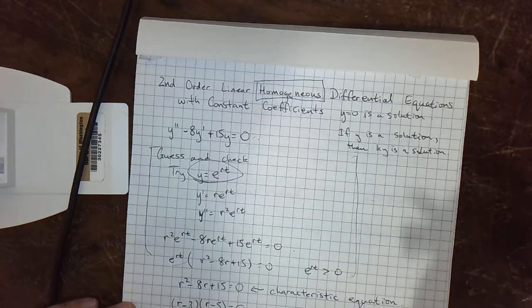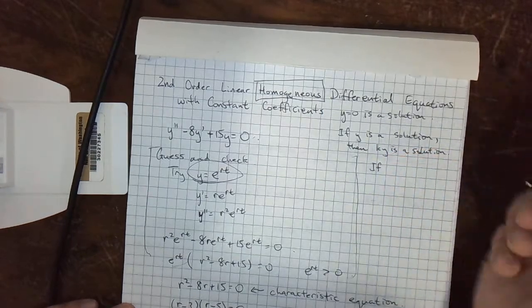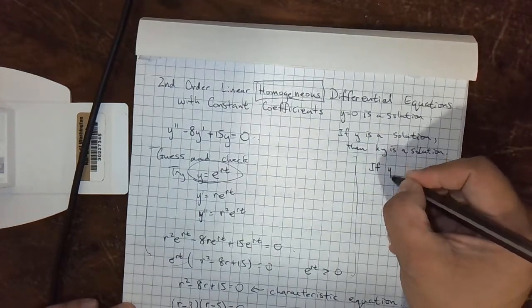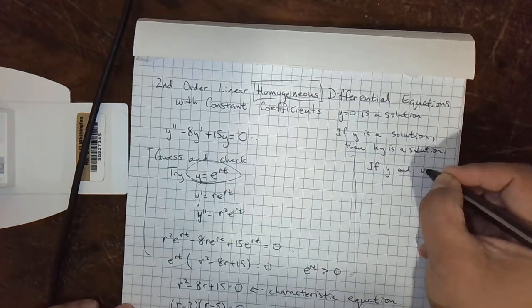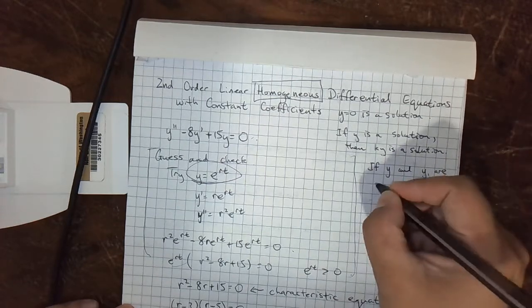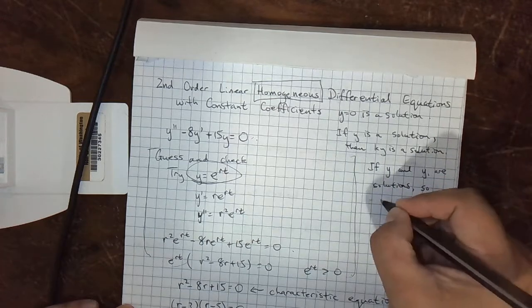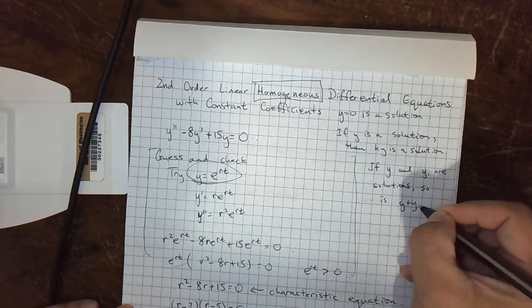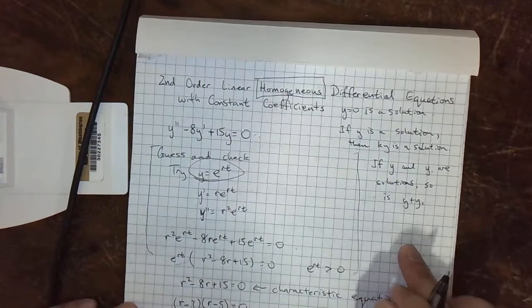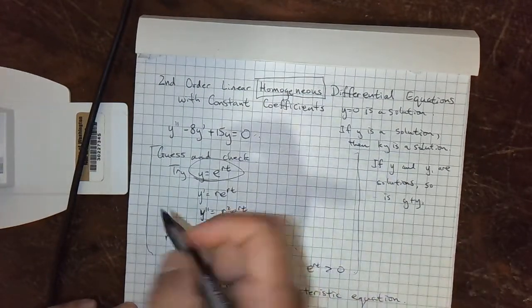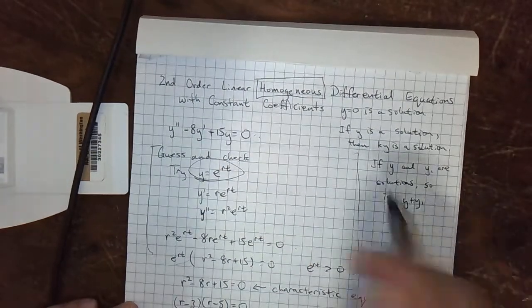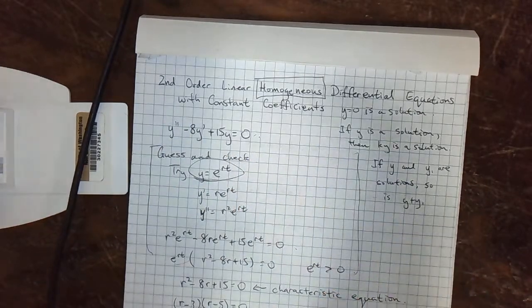And also, if y and y1 are solutions, so is y plus y1. If you've got two different solutions, you can add them together. Check that out, because then when you take derivatives of a sum, it's the sum of the derivatives.